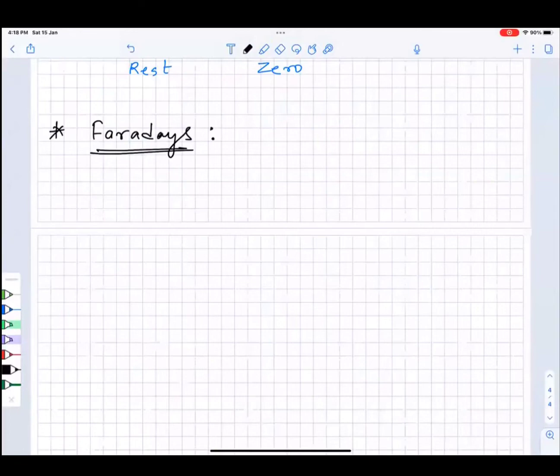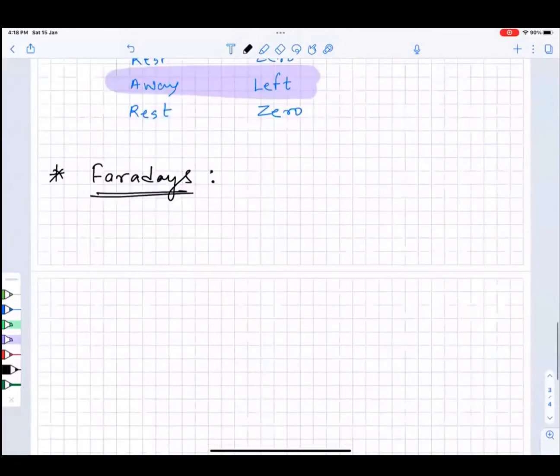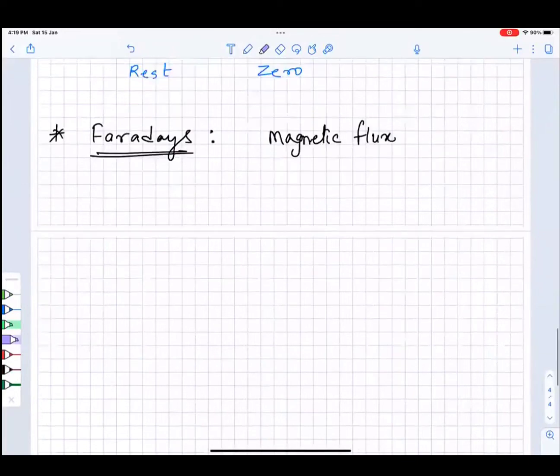What did Faraday say? In technical words, he said that there has to be a continuous change in magnetic flux. Be careful, Aditya, when you read these words. If you pronounce them wrong, it will cause trouble. Usually, people make a mistake there.